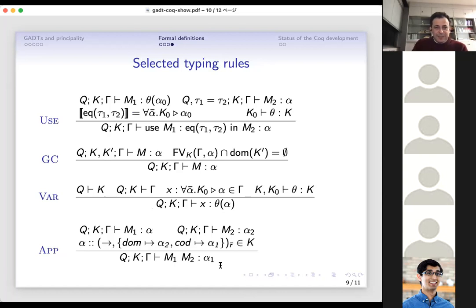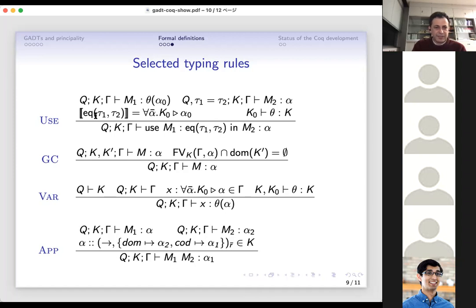I'm not going to explain all the typing rules, but very shortly, I'll explain the use rule. So how am I going to type the use of witness M1 in the typing of M2? The idea is that we want M1 to be a witness of the equation T1 equal to T2.